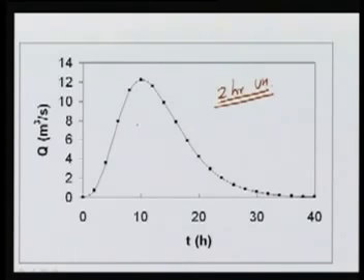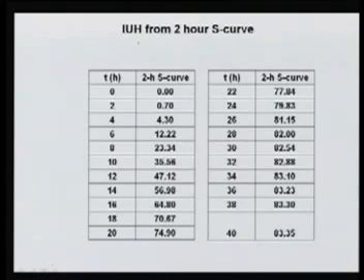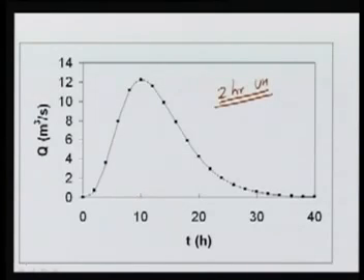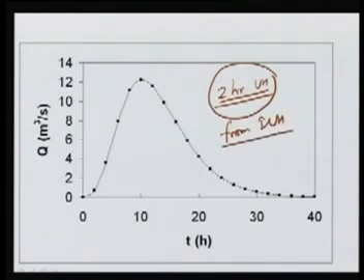Now once the 2-hour unit hydrograph is available to us, we can use this to obtain the S curve. So suppose this 2-hour unit hydrograph is available to us. This can be obtained from an IUH, or it can be obtained directly if we have a gauged basin.